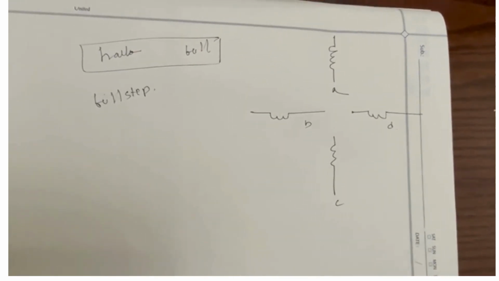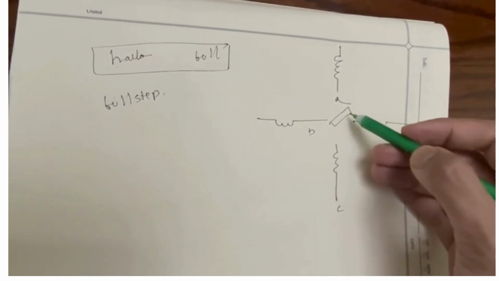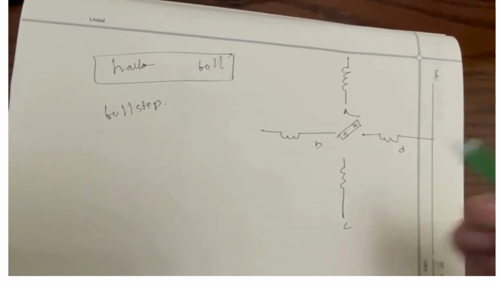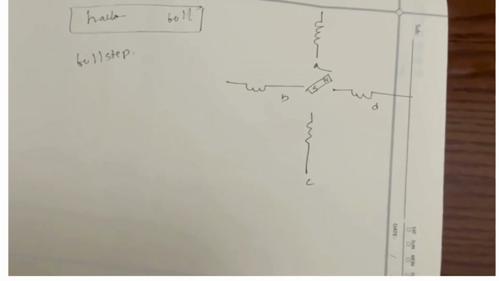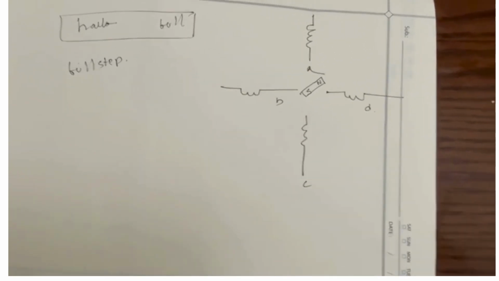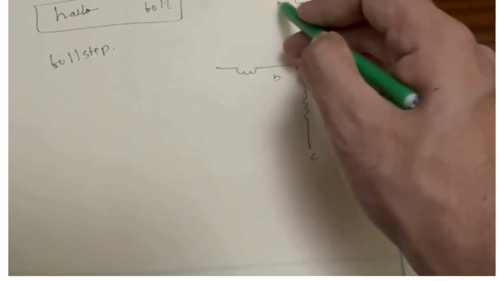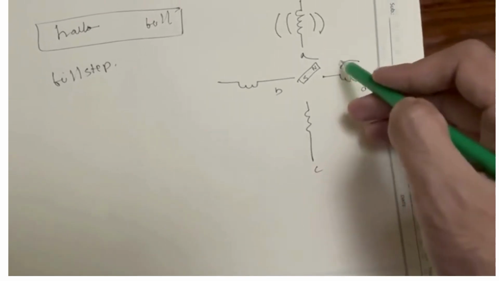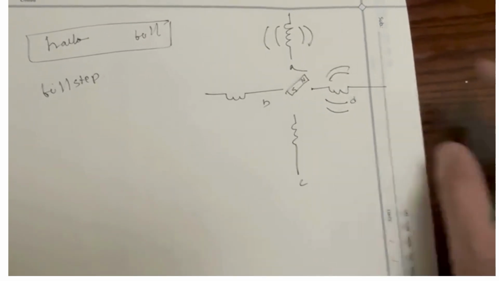So now I'm placing a magnet over here. This is the North Pole and this is the South Pole. The North Pole will always be directed towards the side where the coils are turned on. At a time, 2 coils are turned on. So you can see that the North Pole is directed towards these 2 coils.